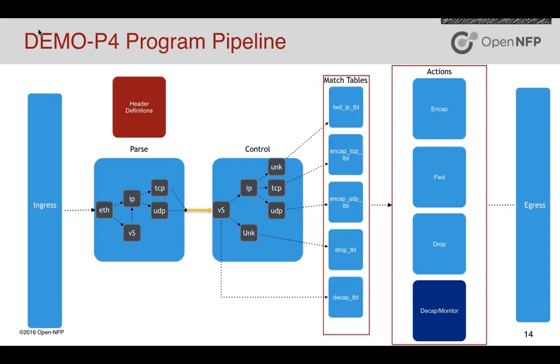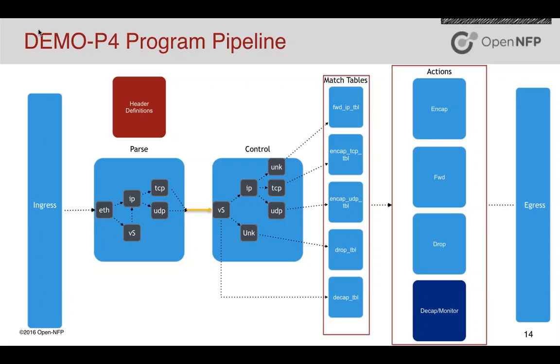First thing with the parse is we look for the Ethernet header. We then look for what type of packet it is. If it's a virtual slice packet, VS, we would then go to that, parse that header, and then inside that we would have the normal IP, TCP, UDP headers.